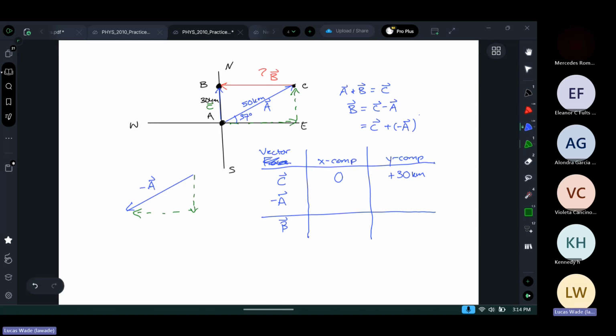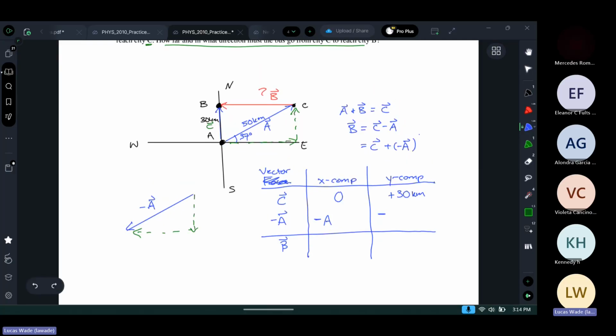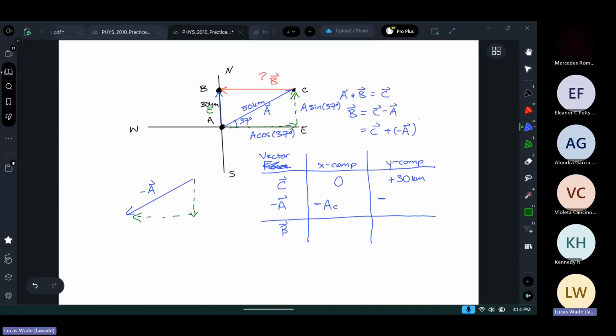So the flipped version of that will point to the left and down. From here, I can just go back to looking at my original picture because the lengths of these two sides will be the same. They're just flipped over. So the X component is A cosine 37. The Y component is A sine 37. And so that'll go here and here.